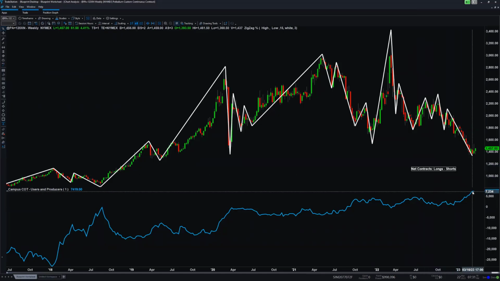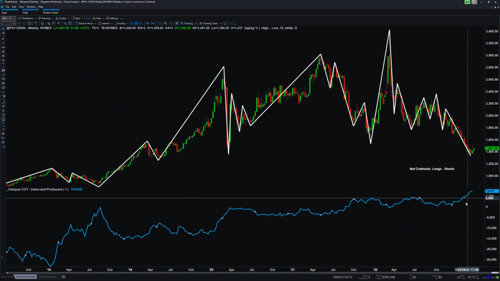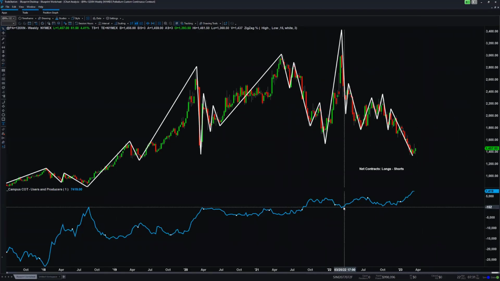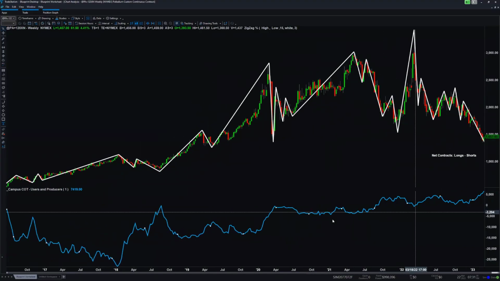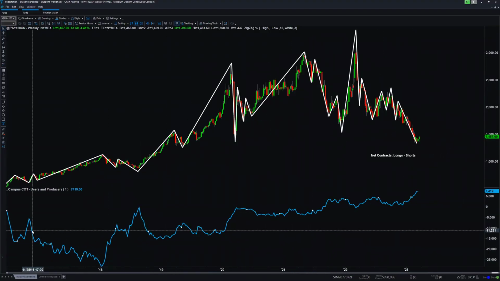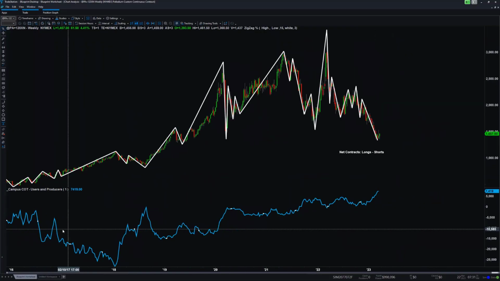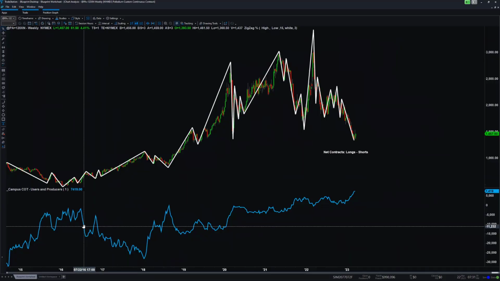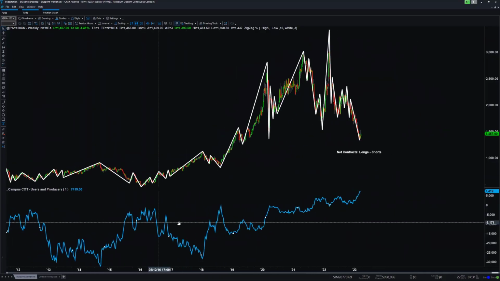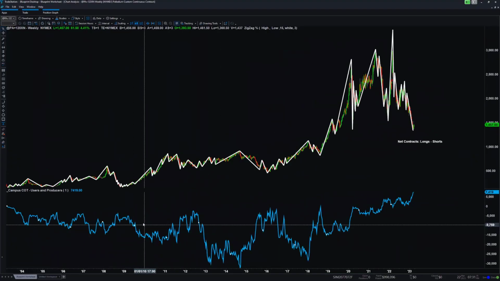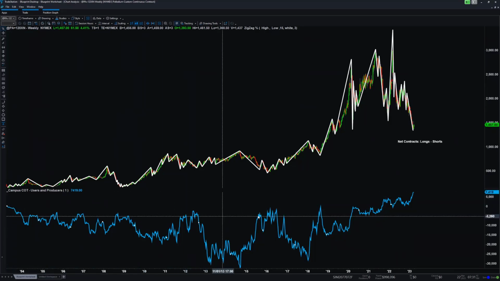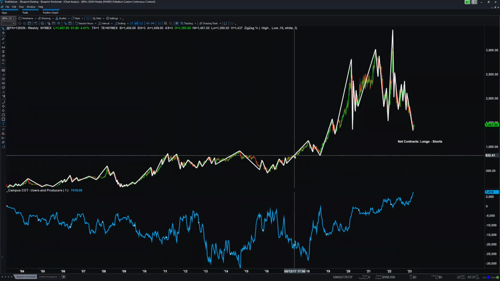So now we're getting a line graph. What we can now do is track and study the activity of the commercials, the users and producers, throughout history and throughout time. You can see I get 20 years of data in terms of what the commercials are doing in interplay with price.